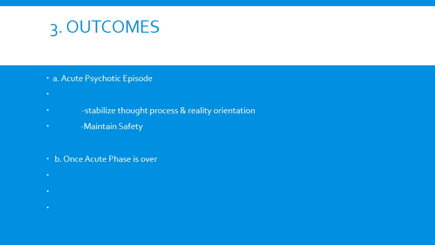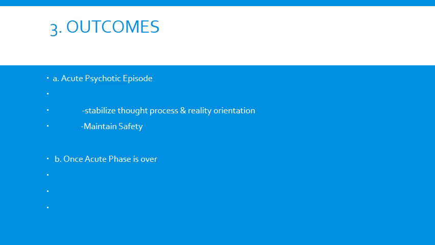The next outcome that we want to maintain, and these are pretty much simultaneous. We don't want to necessarily do one first and the other, but they go on at the same time. Maintain the person's safety and the unit's safety, and we do this through that therapeutic milieu where we focus on the safety of the unit, the environmental safety, and that would include the doors, what's in the bathrooms, the pull-down hooks, the plastic glass that's everywhere instead of real glass, all those things that we've talked about in the previous units.